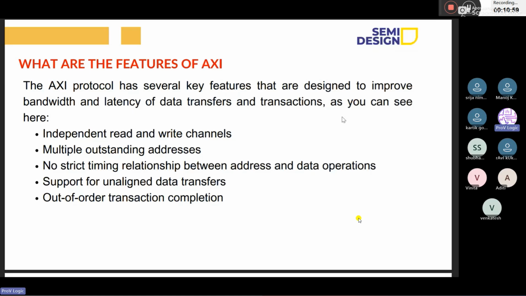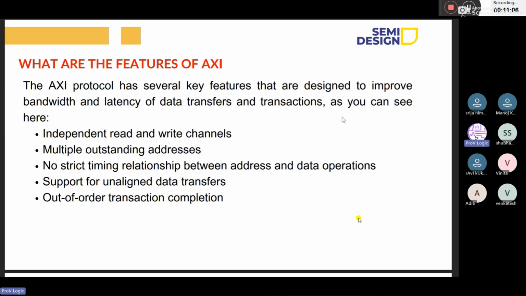The delays will be less because obviously it is a pipeline architecture, right? High throughput is because it supports multiple outstanding transactions, allows out of order transaction completion, and enables burst transfers of up to 256 beats. So these are the best features of the AXI protocol.